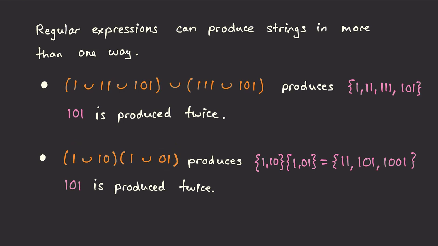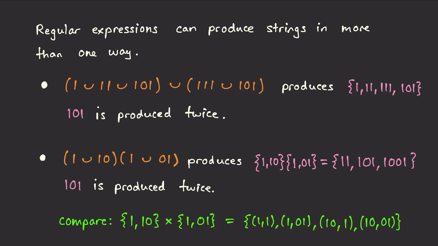A different way of saying this is that the sets {1, 10} and {1, 01} have a Cartesian product that is quite different from their concatenation product. In the Cartesian product here, the pair (10, 1) and the pair (1, 01) are different, but they both correspond to a single element of the concatenation product.